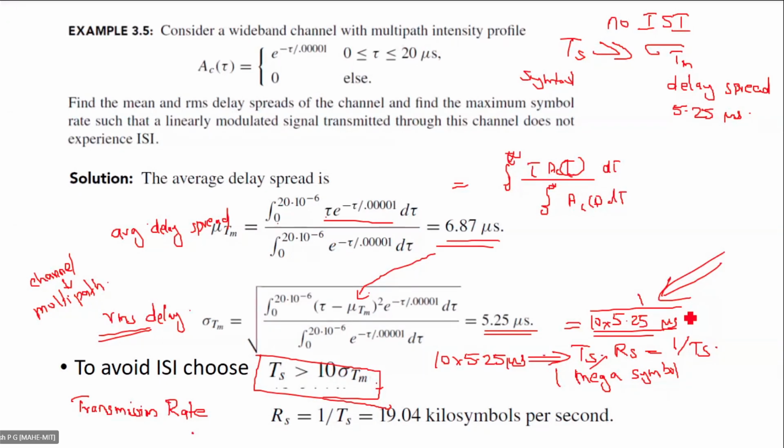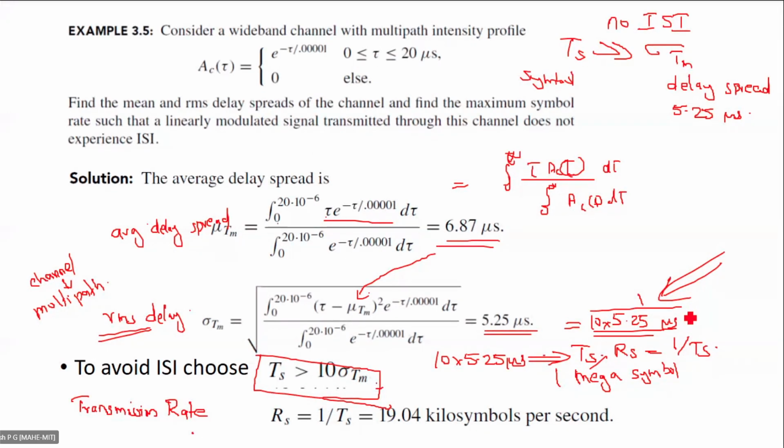If you're transmitting at 19.04 kilo symbols per second, then TS will be sufficiently large, much greater than the RMS delay spread. And under that condition there will not be any inter symbol interference.